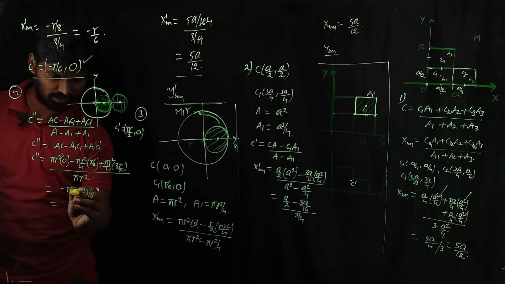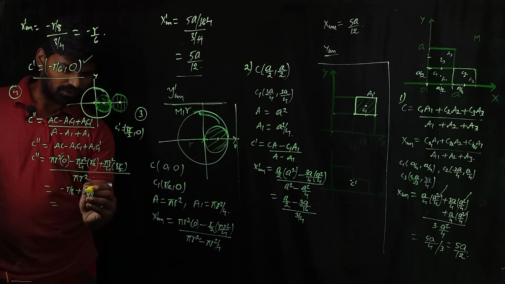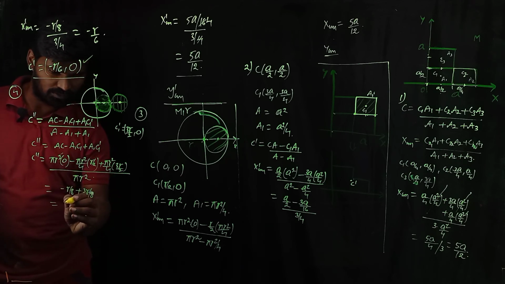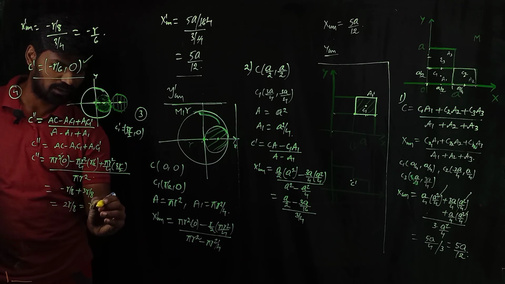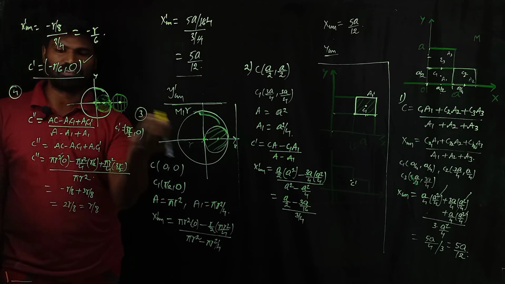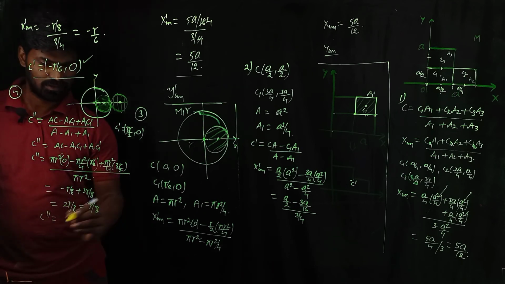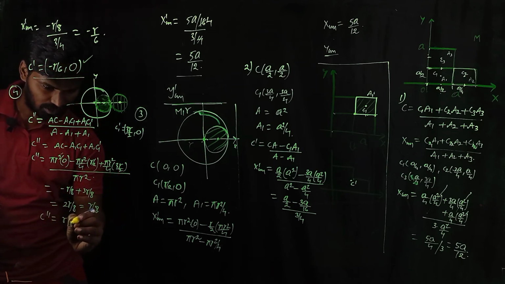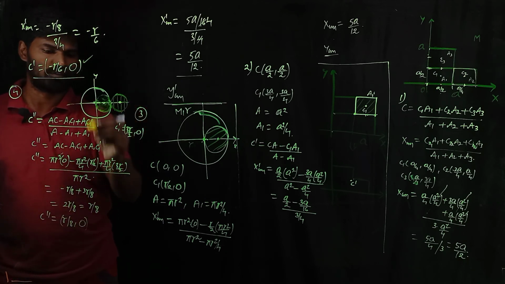Altogether, what you get here is r by 8 times minus 1 plus 3, which is 2r divided by 8, nothing but r divided by 8. Anyhow, the y coordinate of the center of mass is 0. Therefore, C double dash is equal to r divided by 8 comma 0, the coordinates of the center of mass of this new configuration.